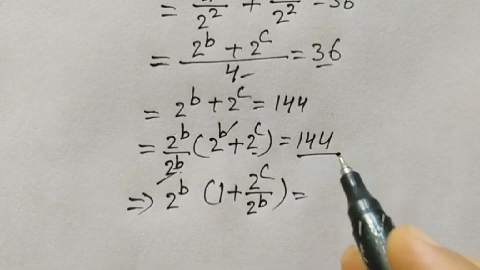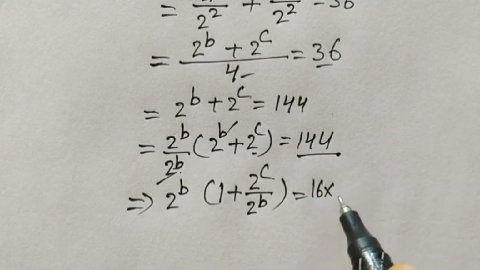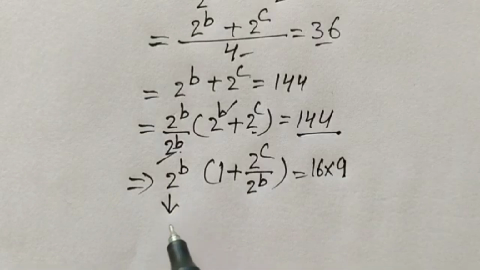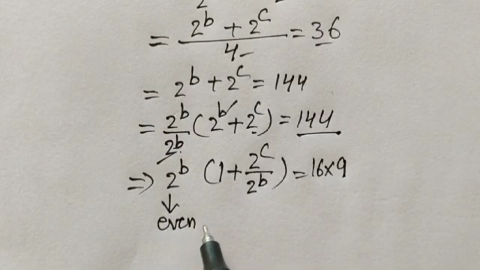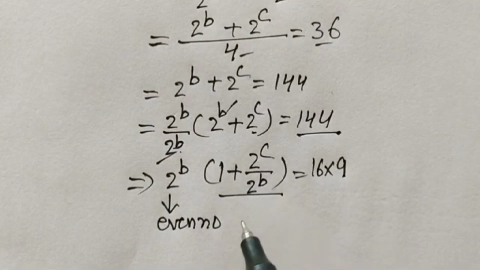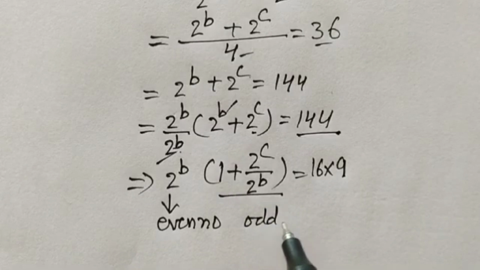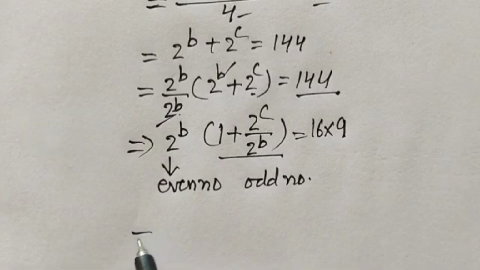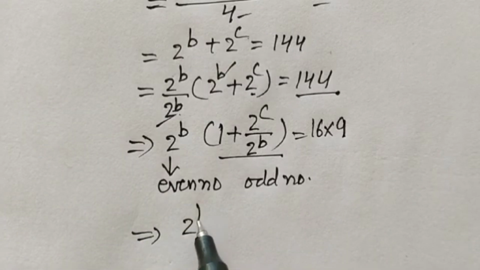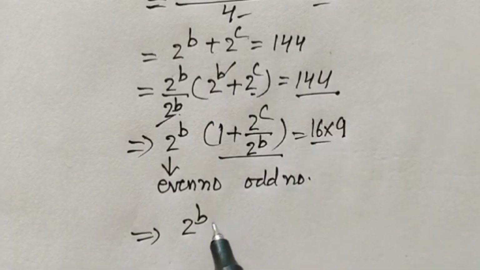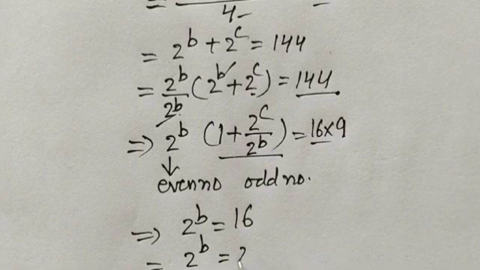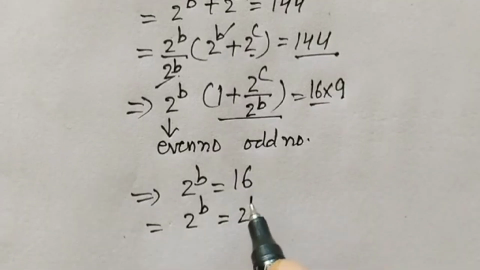Now we can break 144 as 16 times 9. Again this one is even and this one is odd, so 2^b is equal to 16, which is 2^4.